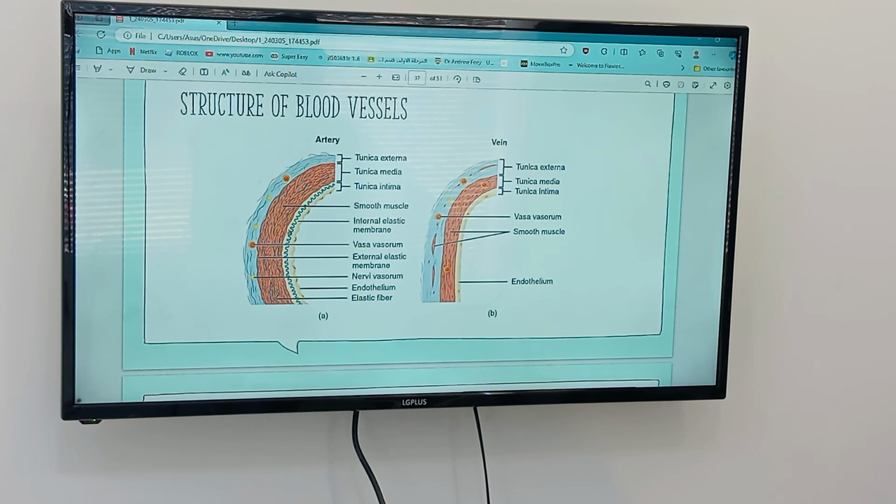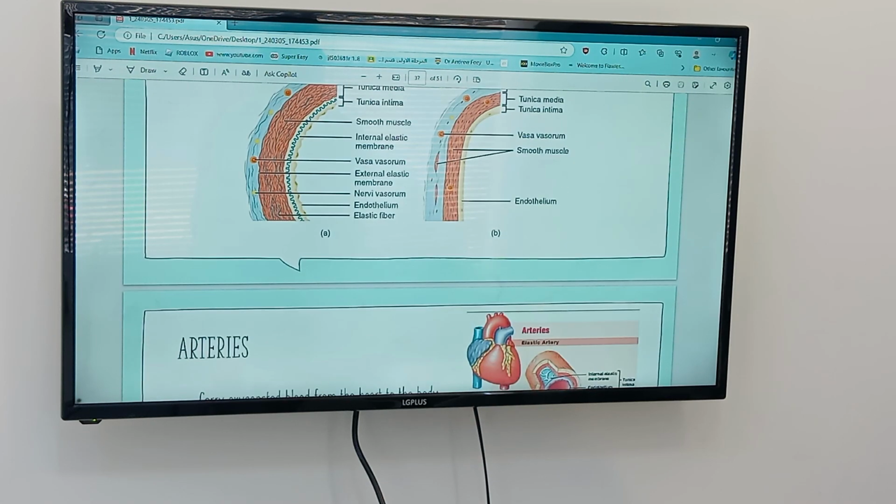Tunica intima here is medium between them, as well as the vein. All of this is lined with endothelial cells, and here are the smooth muscles. And here the vasa vasorum.